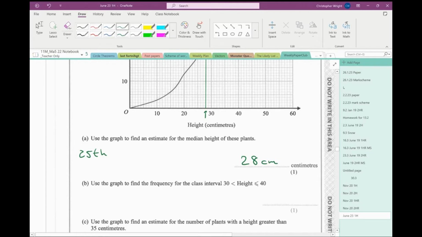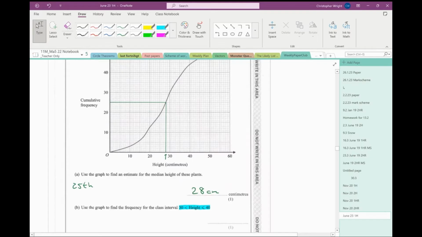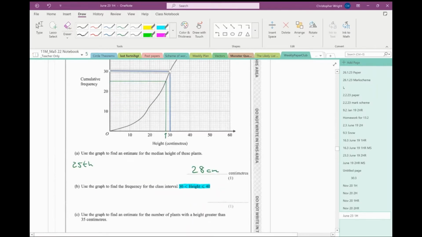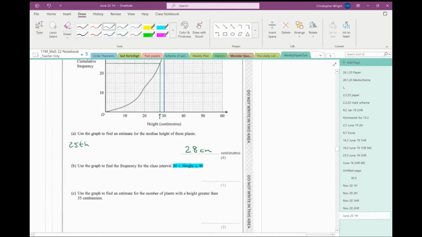Use the graph to find the frequency for the class interval between 30 and 40. Well, let's have a look and see how many I have with a height of 30 or less. That's interesting. I have 30 with a height of 30 or less.